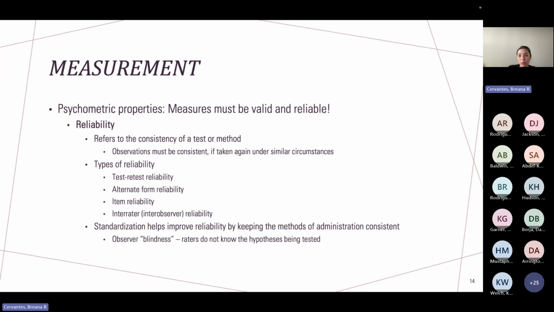Let's say we have 1,000 families that we need to rate. That's a lot for just one person, for just me, in which case I might add more raters onto my team. So I might say there are 5 people now on my team. All of us are responsible for measuring those 1,000 participants, but how can we ensure that my rating is going to be similar across all 4 additional raters?